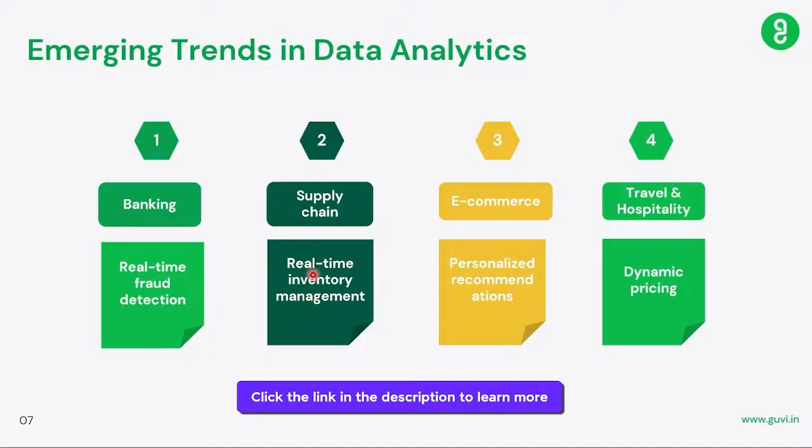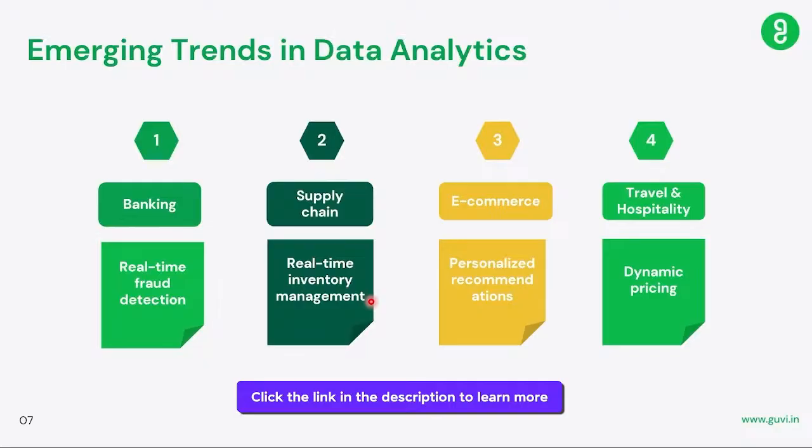Let's take a different sector, supply chain. What does the supply chain industry do for us? A famous example is real-time inventory management. How can I use data analytics in supply chain to do real-time inventory management? Supply chain companies leverage real-time analytics to monitor inventory levels, track shipments, and optimize warehouse operations.